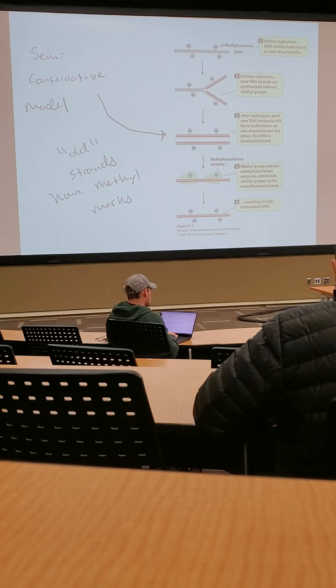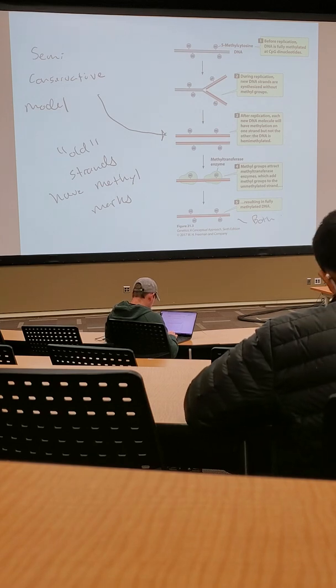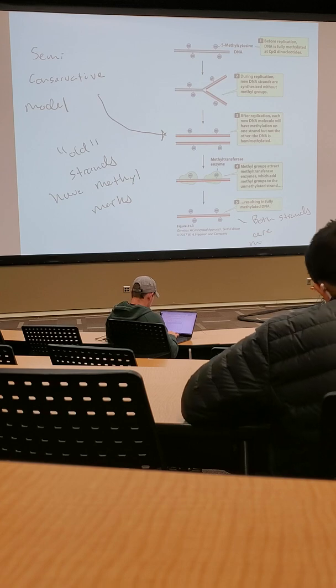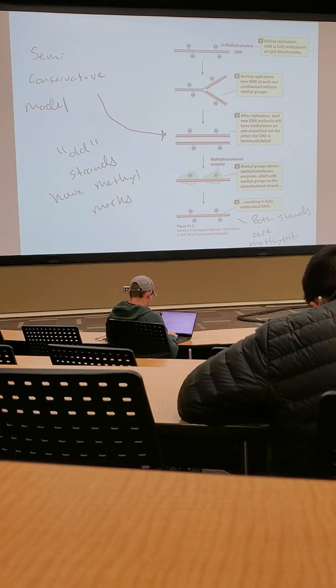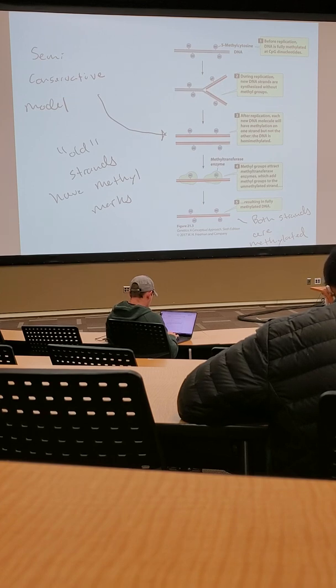And then that methyltransferase enzyme is recognizing that and adding methyl groups to the new strands. So down here, now both strands have the methyl mark. Does that make sense? That's the super important key take-home point of this slide.